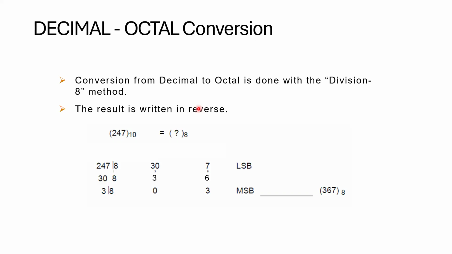By dividing. Okay, now we will divide our decimal number by 8 to calculate the octal version of this. Just like when we calculate the binary number, we divide by 2 because our base is 2. Now our base will be 8, so we should divide by 8 in this scenario. Just like this one.